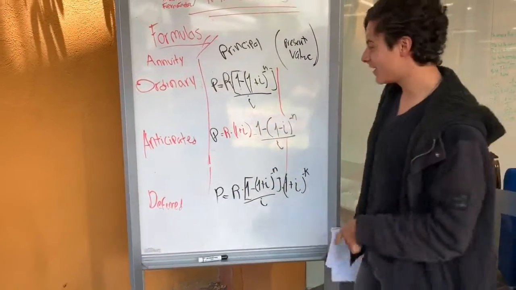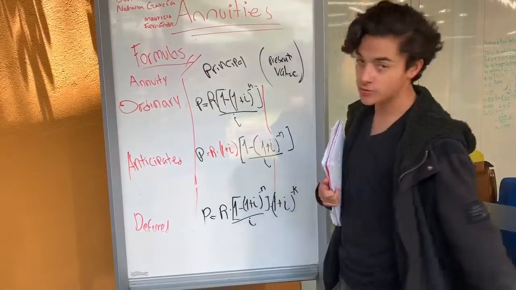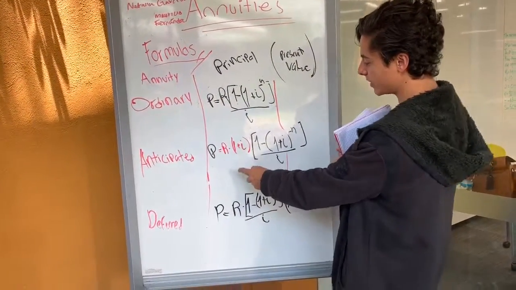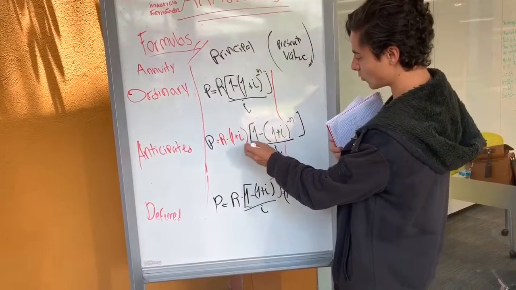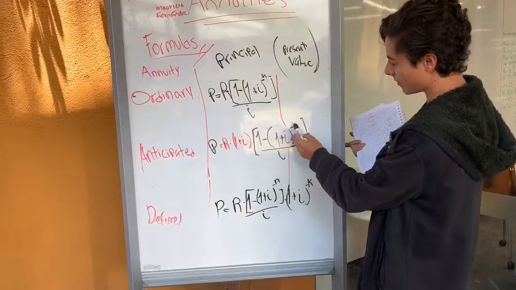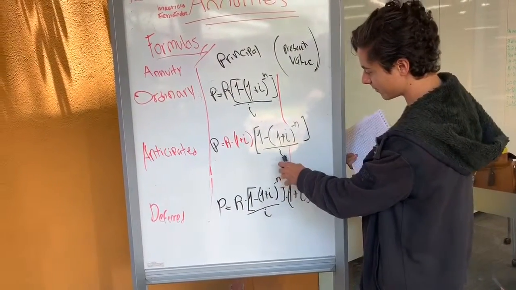That's the ordinary. When you have the second type of annuity, which is anticipated, you have to use the formula P equals R times 1 plus the interest, times 1 minus 1 plus the interest to the power of minus N, which is the number of times in the period.